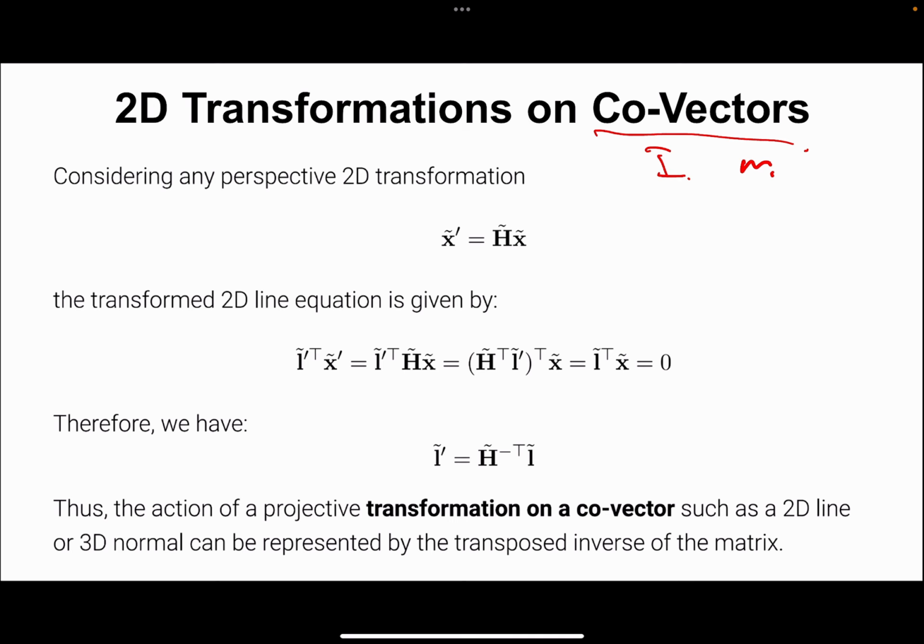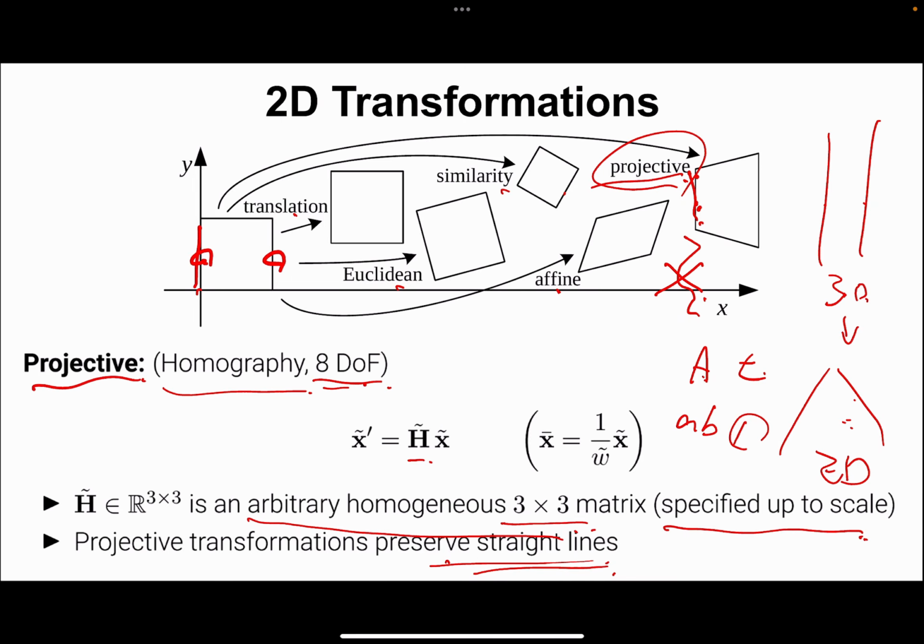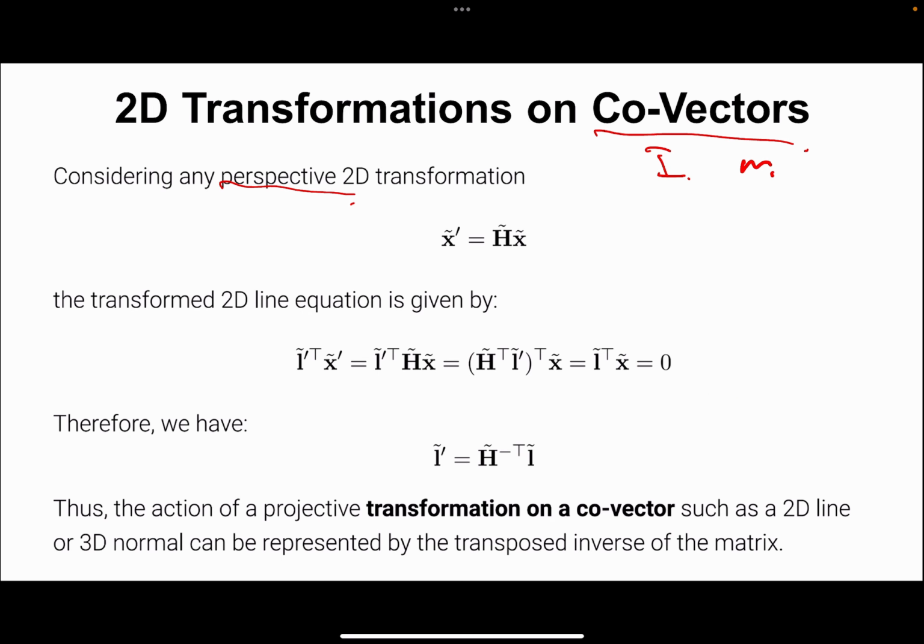Considering any perspective 2D transformation, which we just learned in the previous slide, H, the transformed 2D line equation is given by this. H is arbitrary, and x and x prime are arbitrary points. Originally we have x prime and l prime, the covector of x prime.